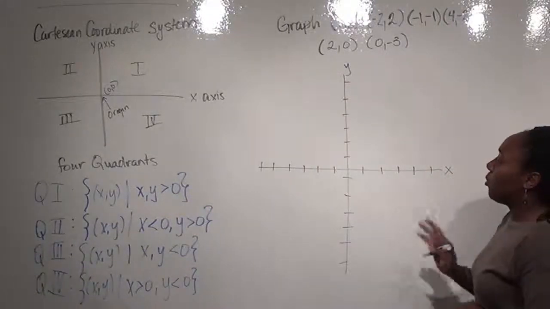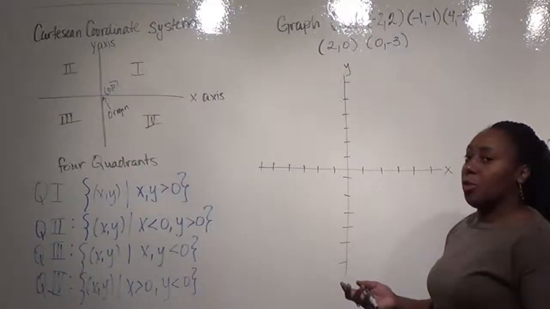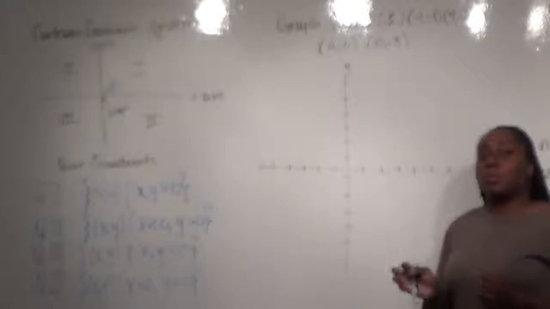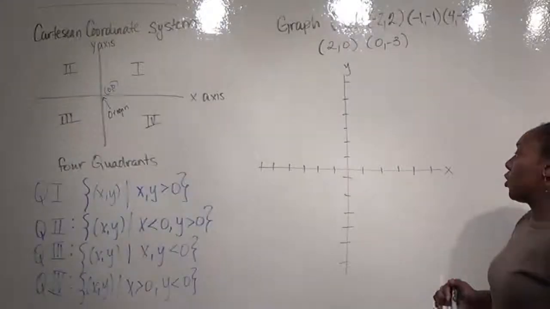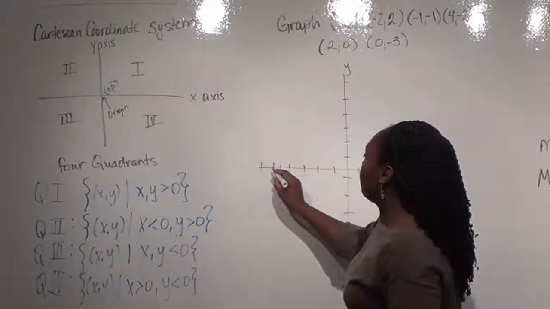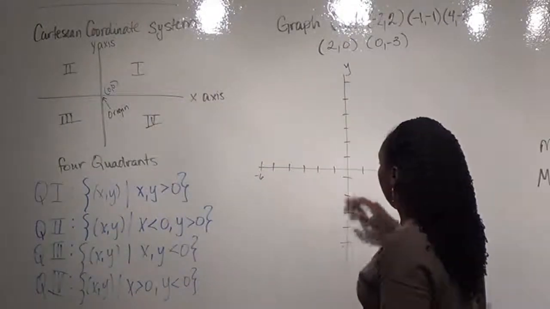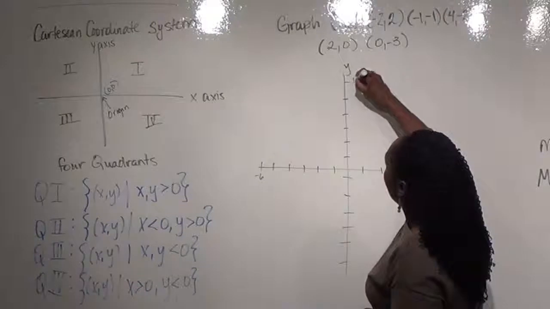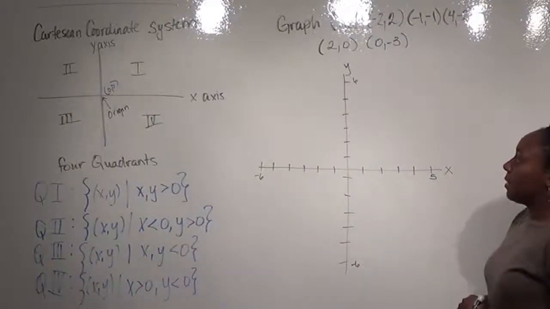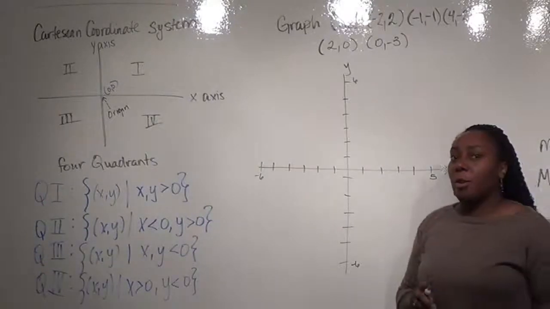But more importantly, you should also label what units you're going by, because some of your graphs are not going to be quite this nice where you've got small numbers. Sometimes you're going to have much larger numbers. So in this case, I'm going by ones, so there's my coordinate axis, and there's the start to any graph.